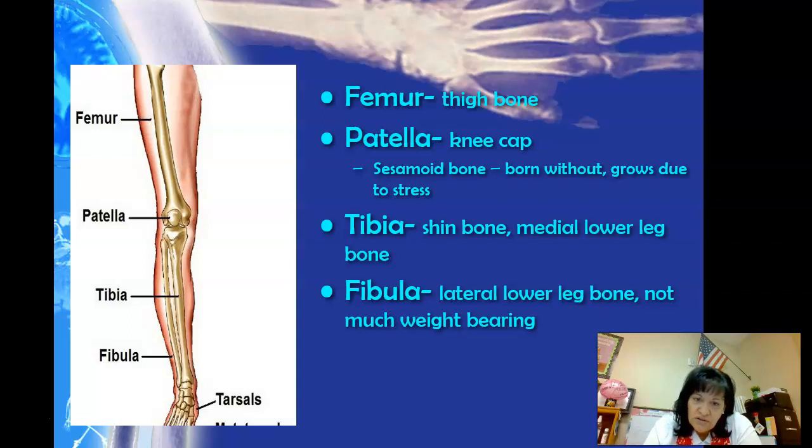And then one of the lower bones below, the smaller one, is the other F. So the smaller one is the fibula. So that's the lower leg bone, not much weight bearing. So the tibia is the one that's really thick here, the bigger one of the lower leg, and then the fibula is just off to the side a little bit there. So the fibula is lateral to the tibia.